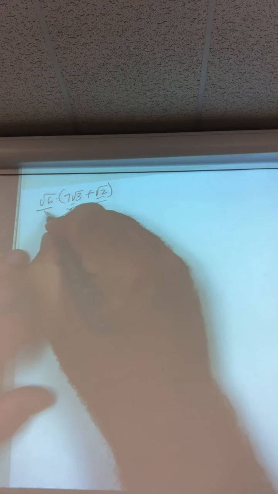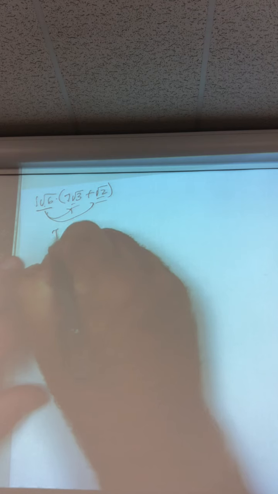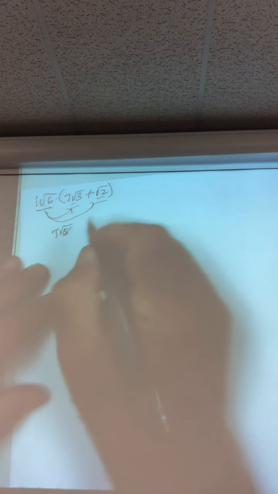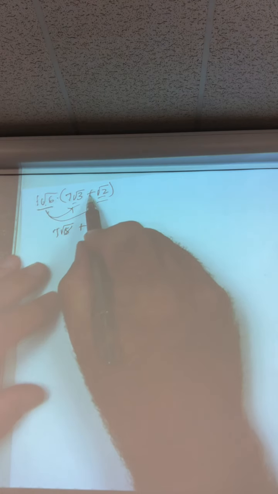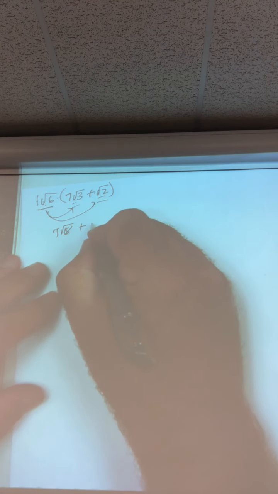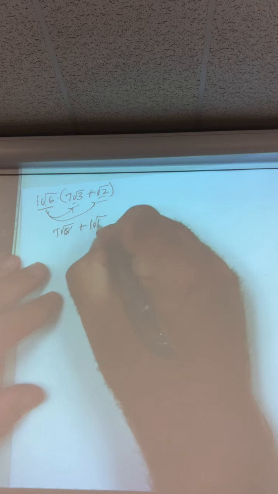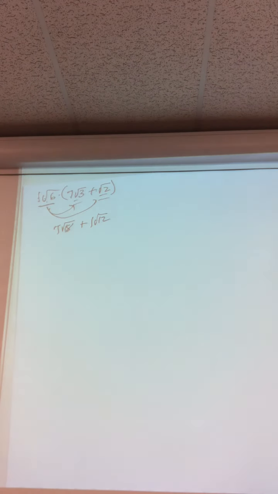So it's the distributive property. So 1 square root of 6 times 7 square root of 3 would be 7 square root of 18. Plus 1 square root of 6 times 1 square root of 2 is 1 square root of 12. No, you do not have to put that 1 there.